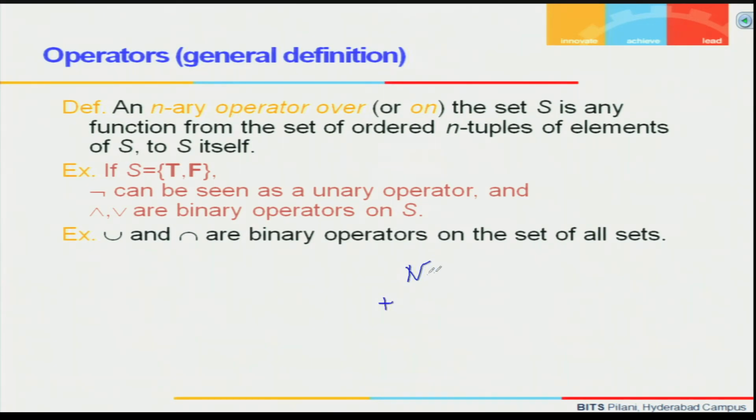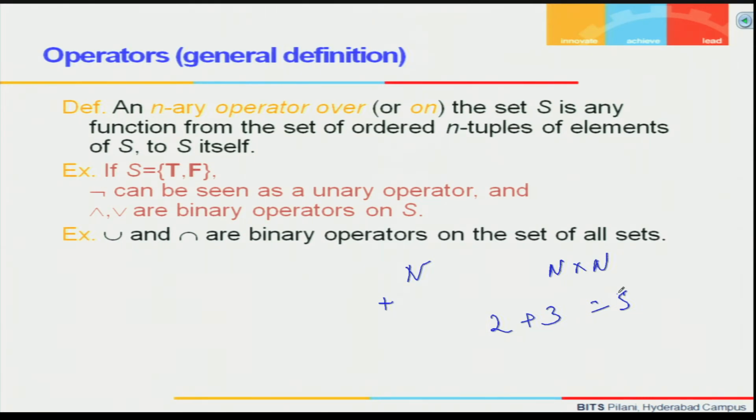You take an ordered tuple in the Cartesian product N cross N. You take 2 and you take 3, then the result will be 5, isn't it? This is how this operator works. It takes 2 operands, operates on them, and you get a particular result. In this case, plus operated on (2, 3) will give you 5.